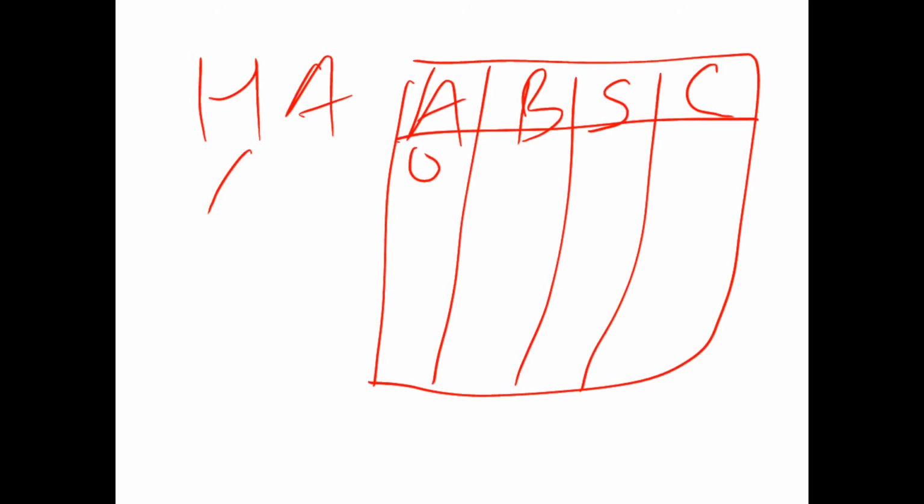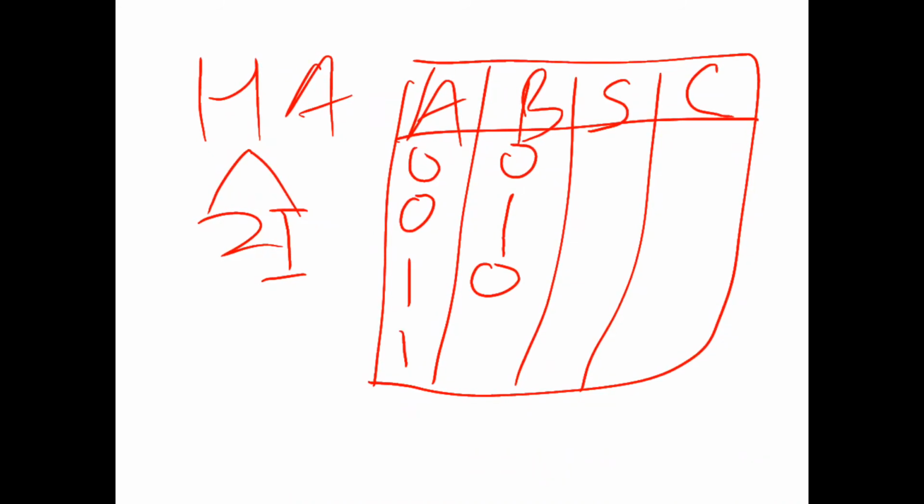So with two inputs we will have 4 combinations. First, A=0, B=0; then A=0, B=1; let us say third combination A=1, B=0; and the last combination is when both the inputs are 1, 1.